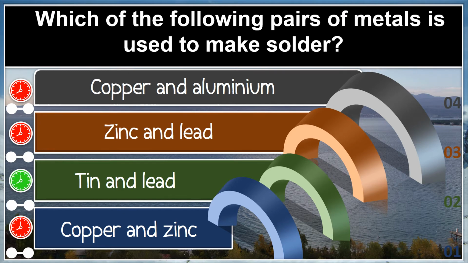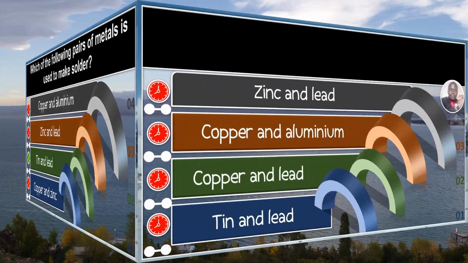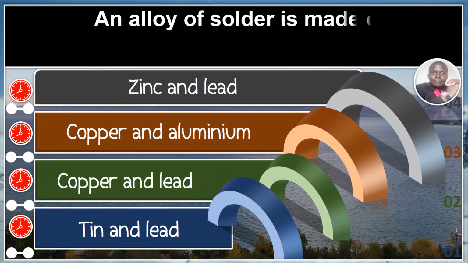Tin and lead. An alloy of solder is made of tin and lead.